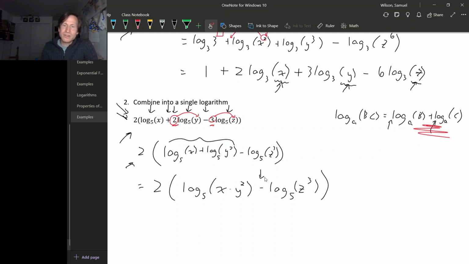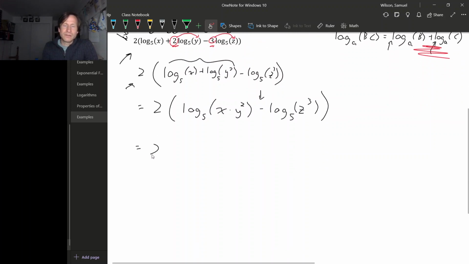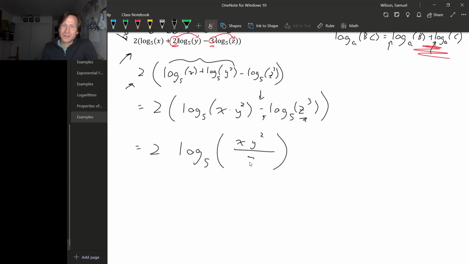And now we can use the difference rule. So 2 times log base 5 of, so this is going to be a big fraction, x y squared, and then in the denominator is the stuff coming from the log that has a negative, z cubed. All right, now if we wanted to, we could go a step further. Whether this is necessary or not really depends on the larger context of where this expression came from.